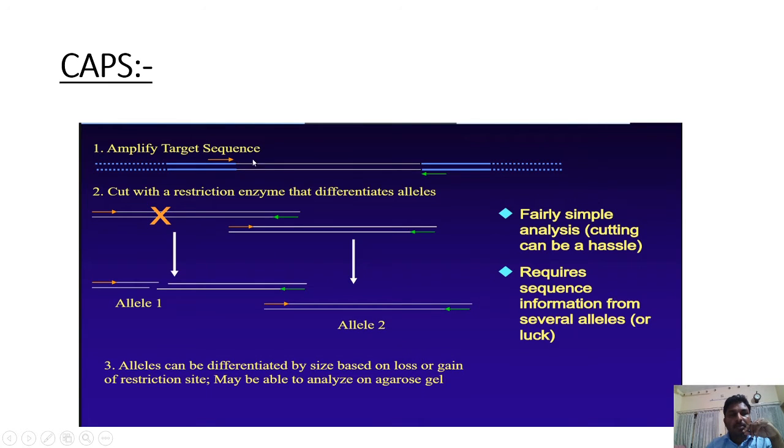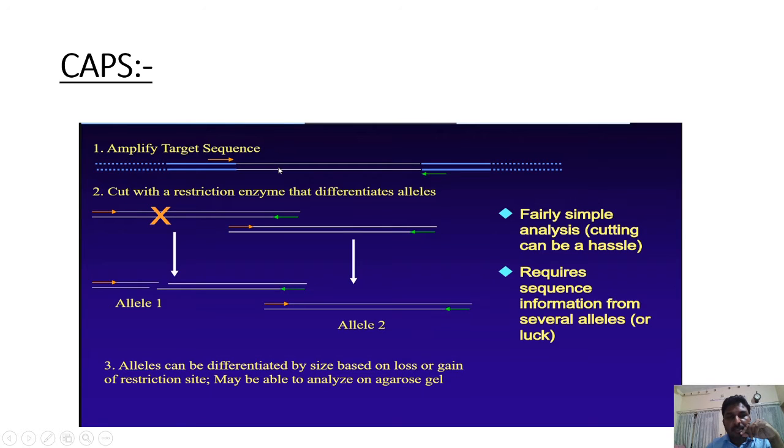I have told you just a while ago that you need to amplify the DNA with specific sets of primers. Here we have utilized these two primers. This may be a forward one, this may be a reverse one. So this particular fragment of the DNA needs to be amplified. These primers bind just outside of this particular DNA.